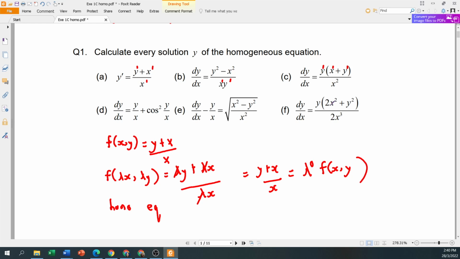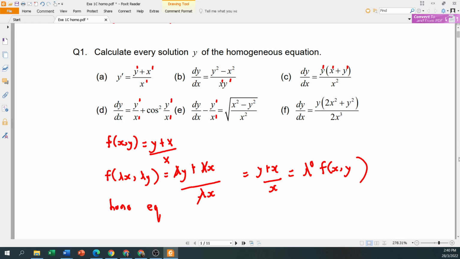So each term is power 3. Here power 1, power 1, power 2, power 2, power 2, you square root it, you get power 1. So without substituting x equal to lambda x, y equal to lambda y and proving you get lambda power 0 f(x,y), for a homogeneous equation the power for each term must be the same.